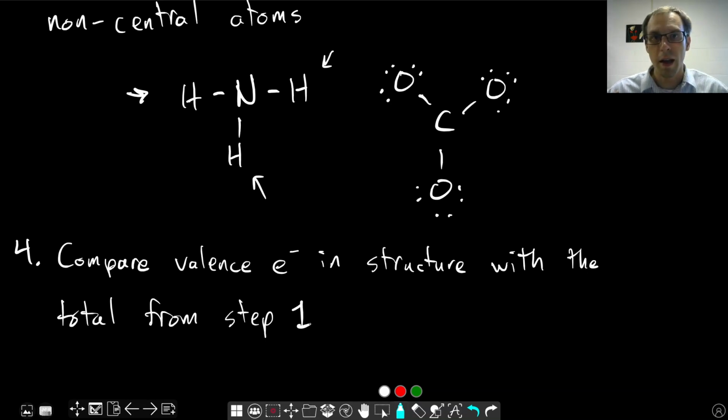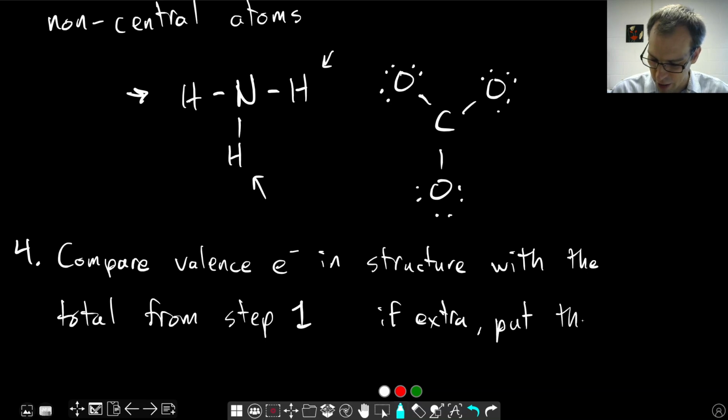If those numbers are the same, you're done, right? But if there are unused valence electrons, you're going to need to find a place to put them. If there are extra electrons, put them on the central atom.